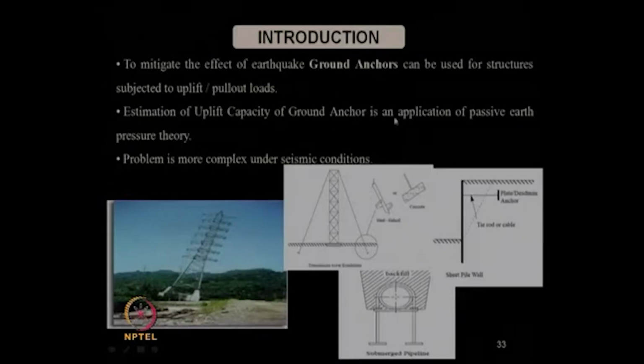We have also seen under the earthquake condition how to estimate the bearing capacity factors under seismic conditions. Now, the same passive earth pressure theory, but for the negative wall friction angle case, is nothing but the application for ground anchors. Okay?